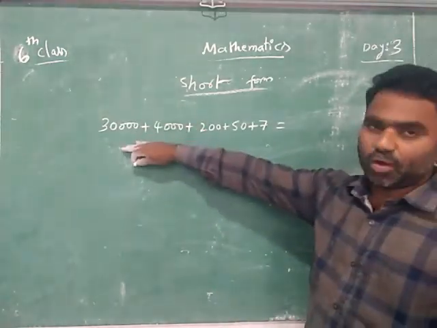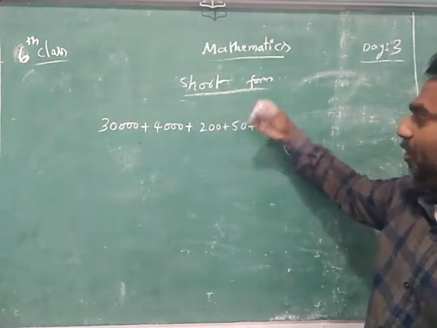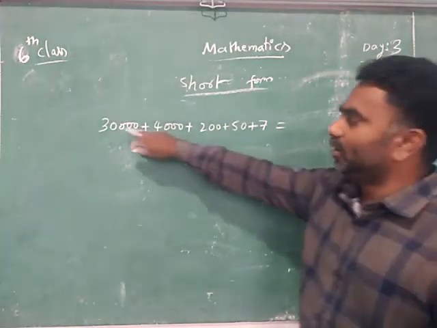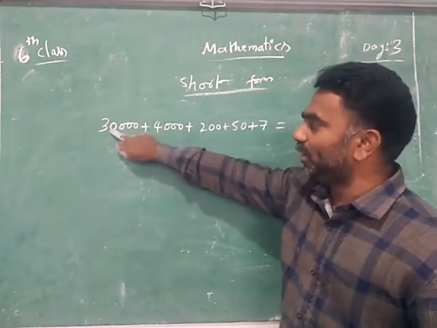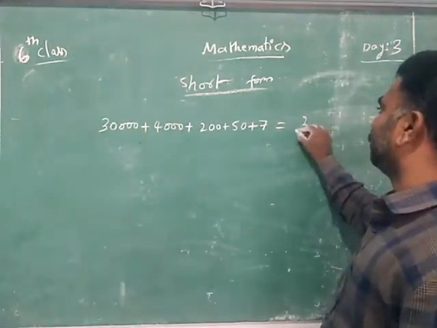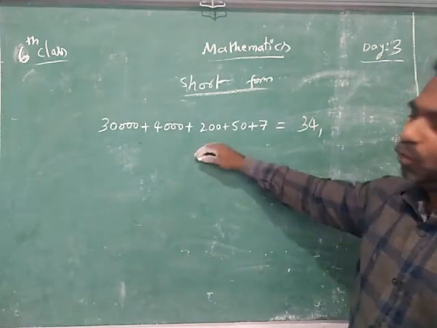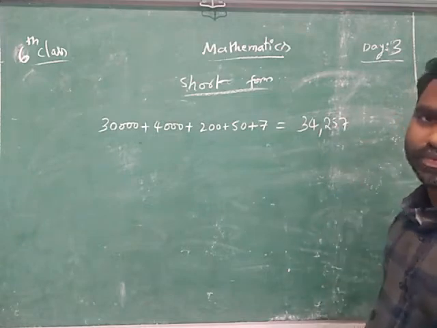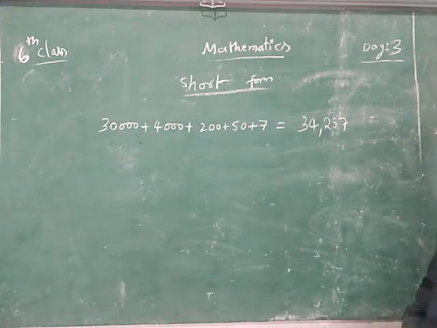Easy. 30,000, 4,000, 257. Normally you can think that both of these are thousands only. 30,000 and 4,000 together make 34,000. Comma, 257. We will write it like this. This is one way.